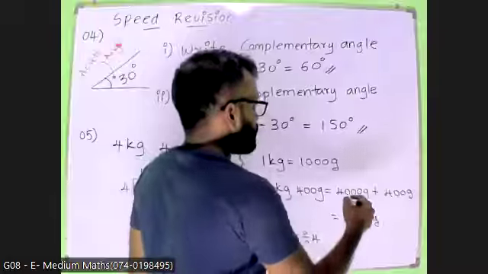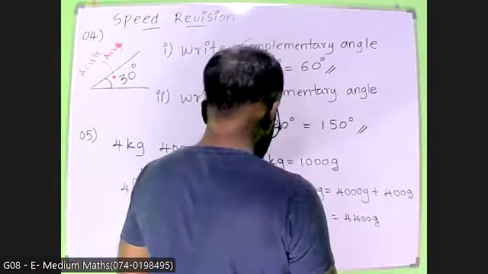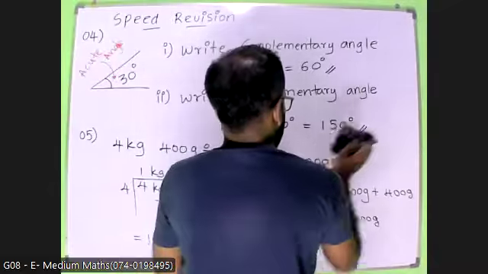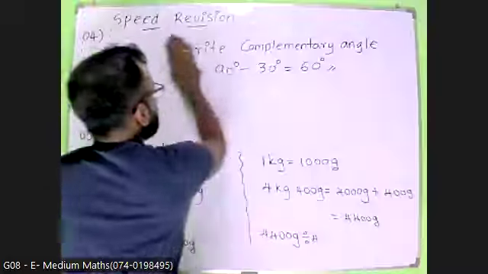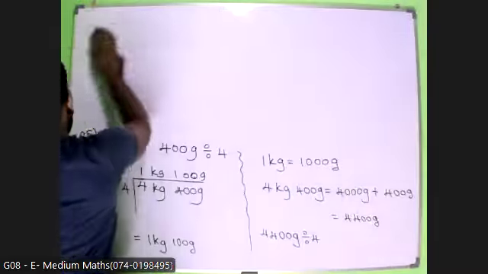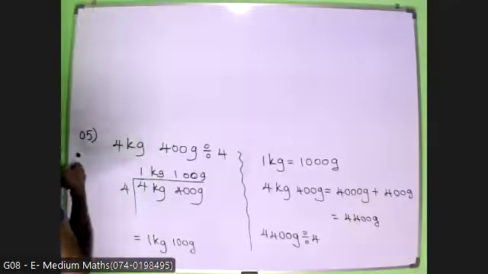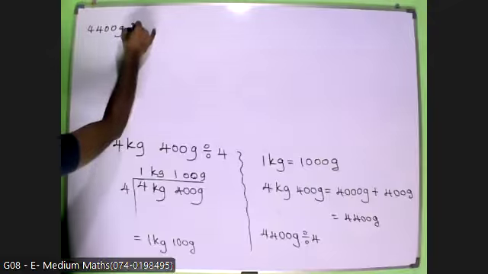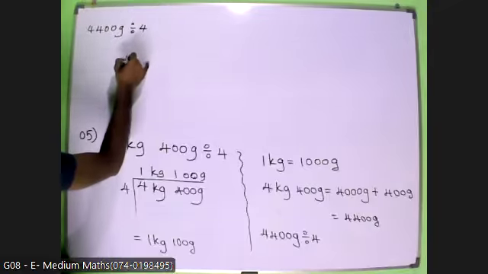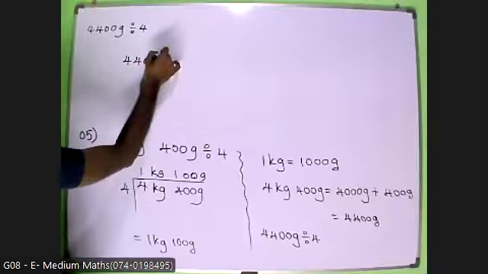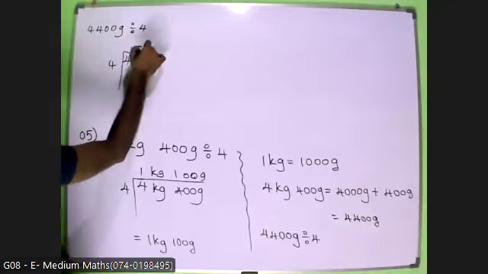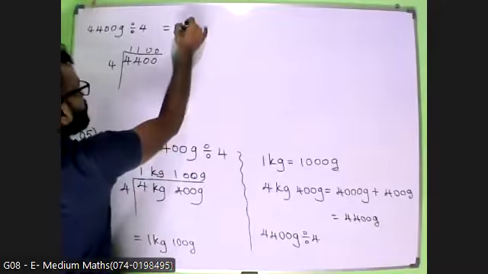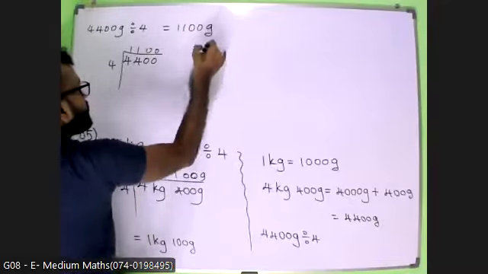I will use the long division. 4400 grams divided by 4, long division. 1100. Yes. So equals 1100 grams.